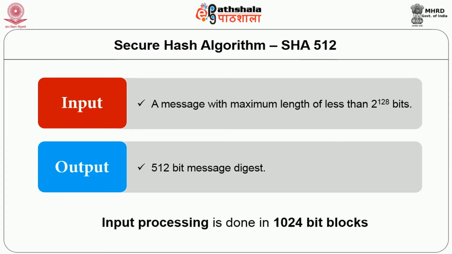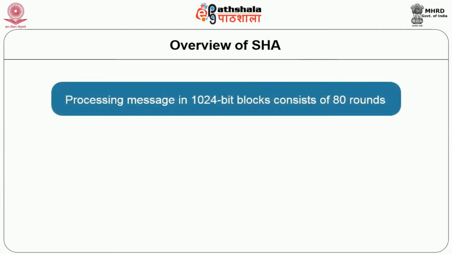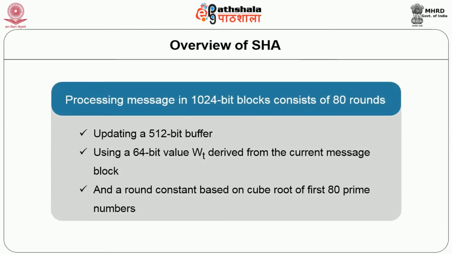From the block diagram, it is very clear that input processing is always done in 1024-bit blocks. SHA-512 consists of 80 rounds, so you have to perform 80 rounds to generate the final hash value. Every time, a 512-bit buffer is updated.